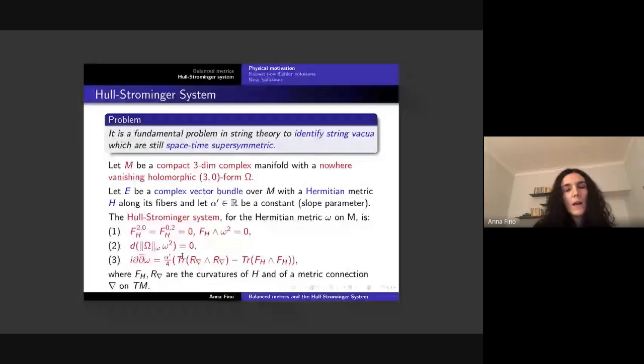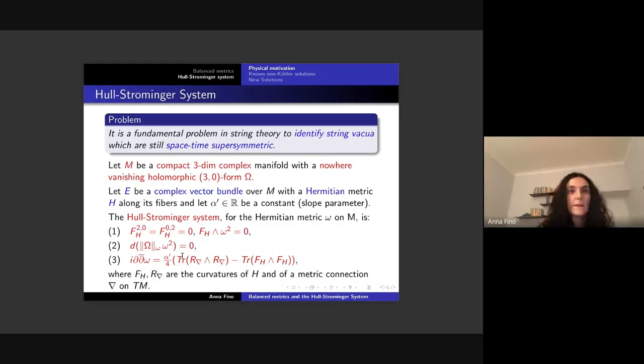Okay, now I describe exactly what the equations for the Hull-Strominger system are. So we want to identify string vacua, which are still space-time supersymmetric. And independently, Hull and Strominger essentially formulated this system of equations in this way.